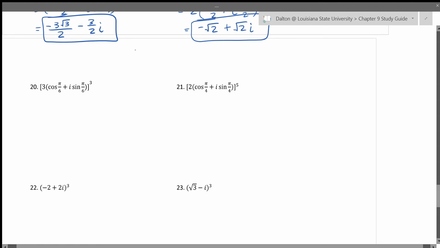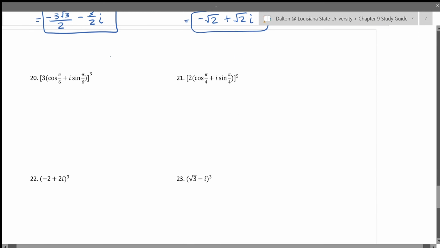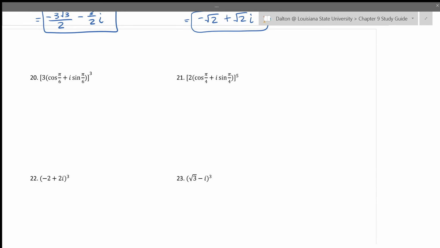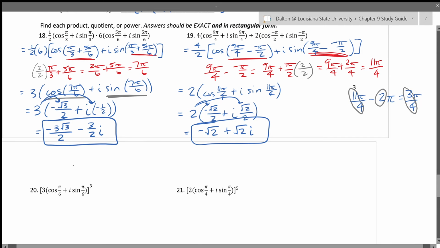So this whole page, we're going to be making use of this equation here, r cosine theta plus i sine theta, all to the n power. So we'll be referencing that. In fact, let me just write that on the top of this page as I refer to it. Okay, so we're going to have r times cosine theta plus i sine theta, all of that raised to the n power.